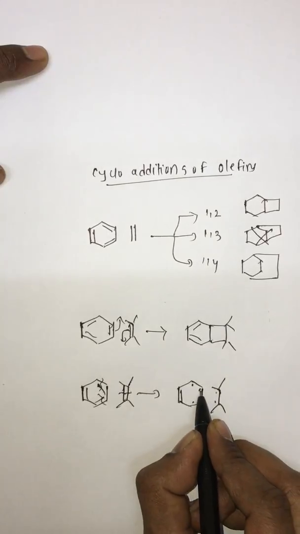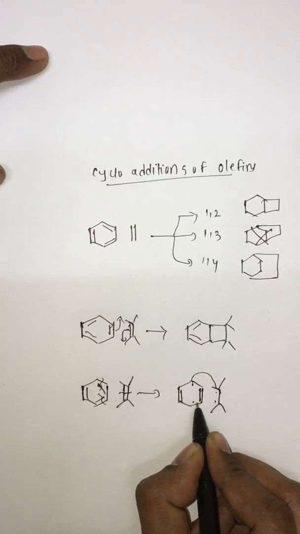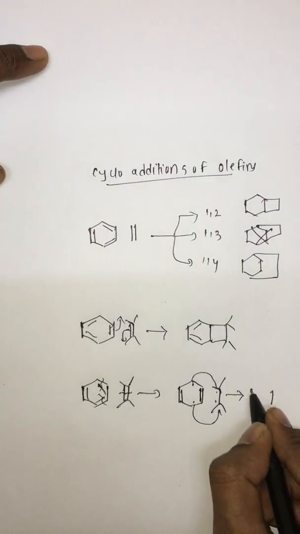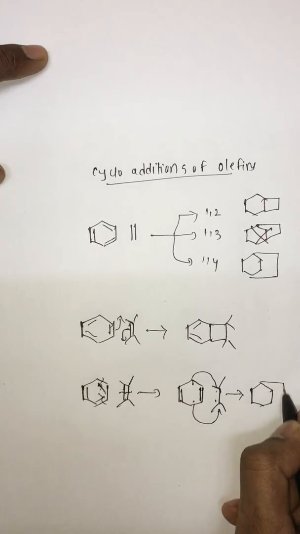So now these two form a bond and these two form a bond, so that we'll get a para product.